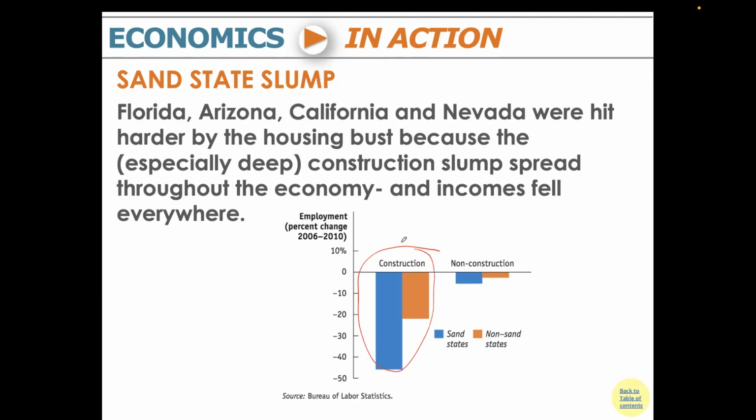But if we take a closer look at the data and differentiate between sand states and non-sand states, you can see the decline in employment in sand states is much more significant compared with non-sand states. But what's the difference between sand states and non-sand states? Sand states usually include these states.